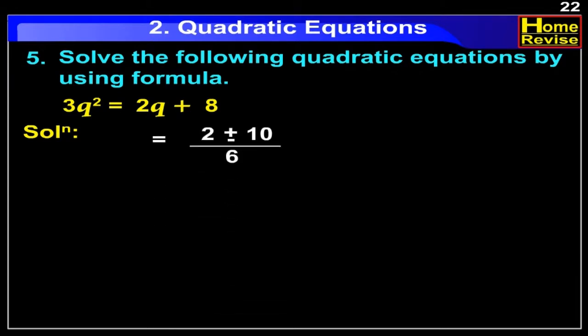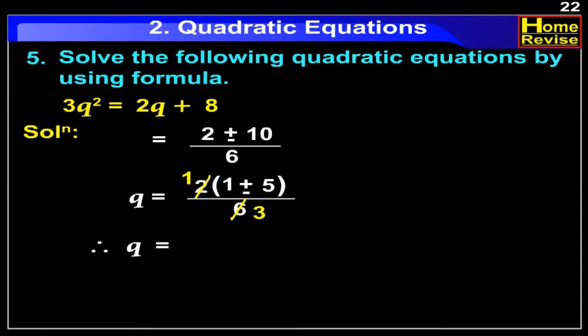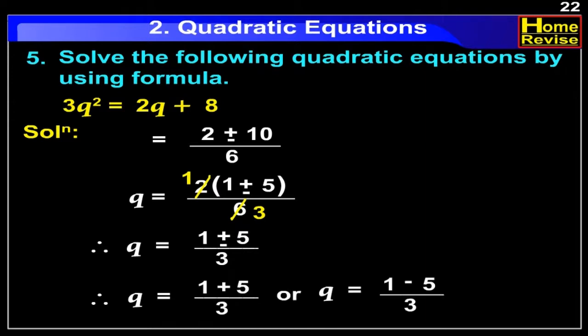Taking out 2 common, we have q = 2(1 ± 5) / 6. 2 ones are 2, 2 threes are 6. Therefore, q = (1 ± 5) / 3. Therefore, q = (1 + 5) / 3 or q = (1 - 5) / 3.